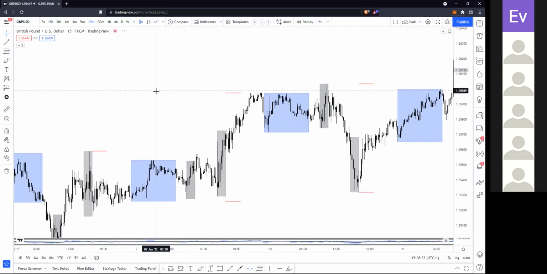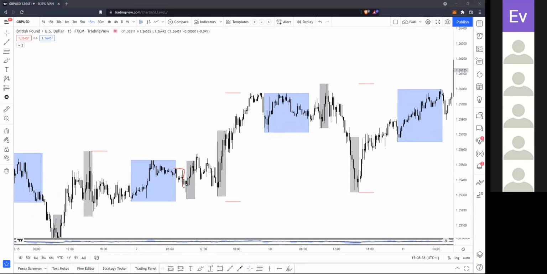Okay. It's basically like a cause and effect. So if Frankfurt's low is taken, then most likely we're going to get the reversal to take out the Frankfurt. Yeah. We base liquidity on timings, on sessions, you know.